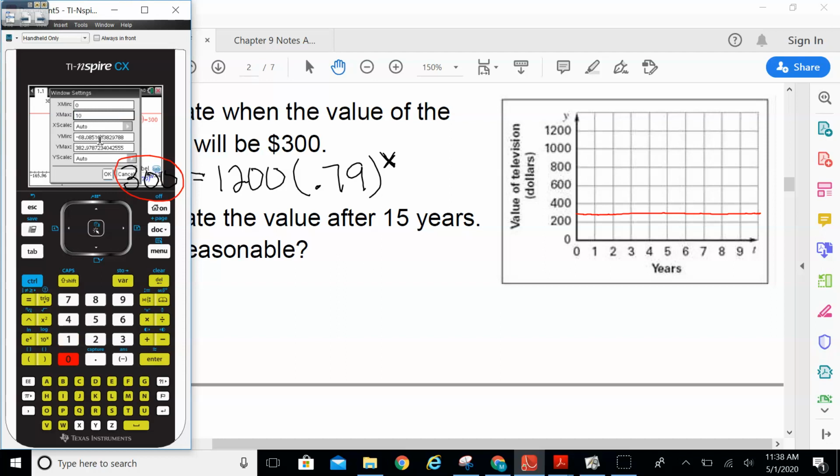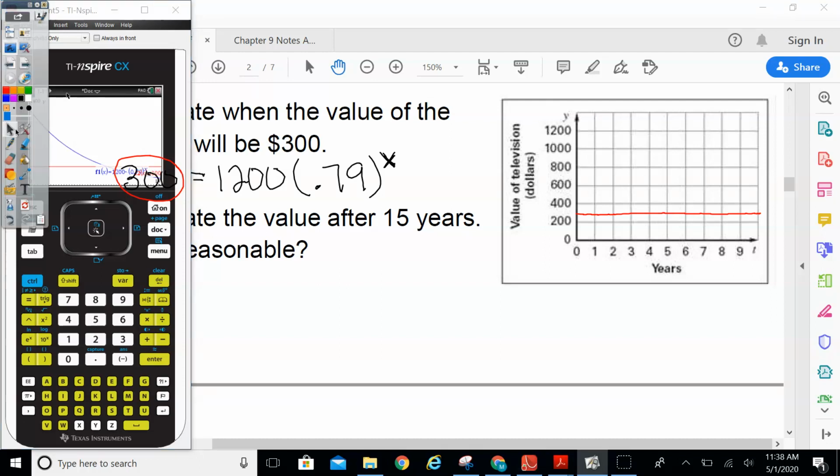And then on the y's, you really don't need to change the scale, but these go by 200s. The y minimum is 0 again. And the y max, if I'm counting by 200s, would be 1400. And we get a better graph that looks like this one.